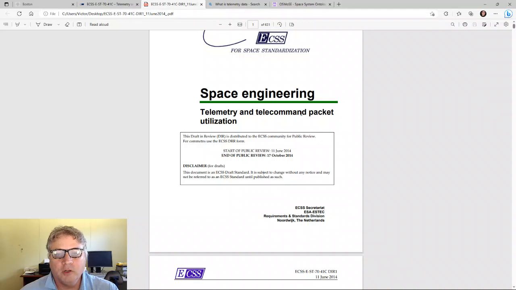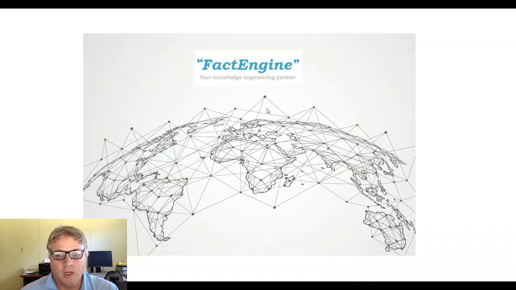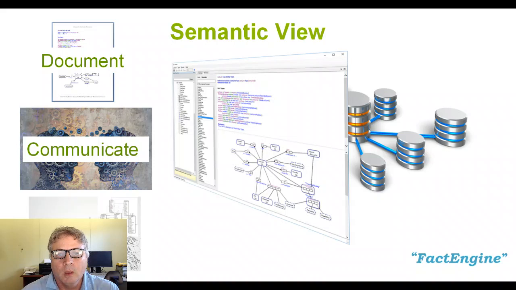Now, why I've introduced you to the documentation up front is because earlier in our fuller video on this topic, we were looking at where object role modelling can be used to provide a semantic view over data structures, as depicted here by, say, database platters here.